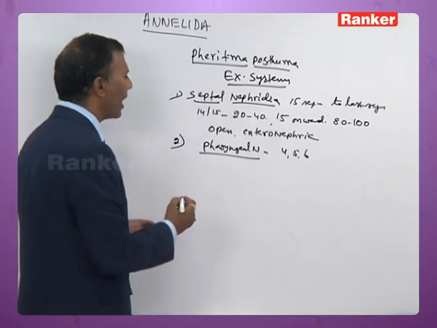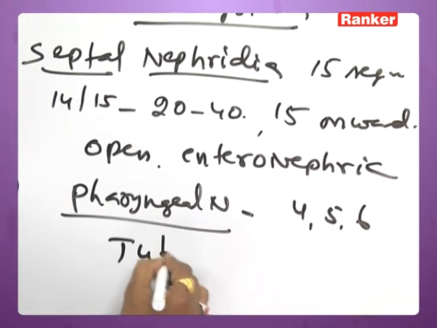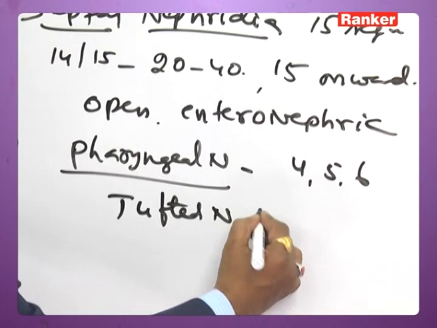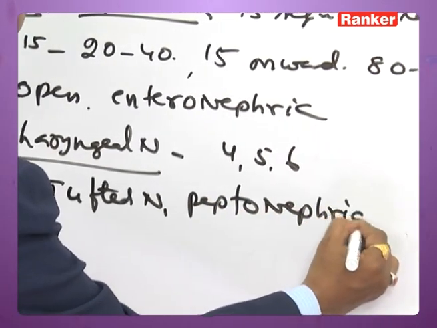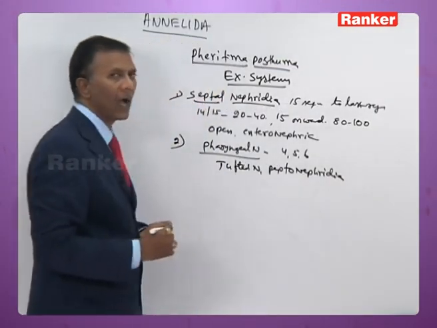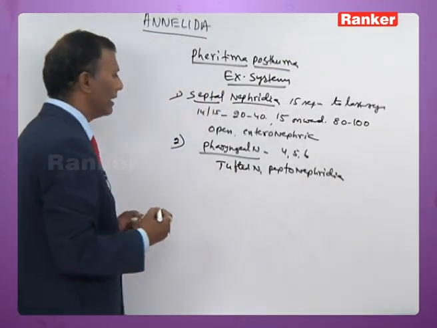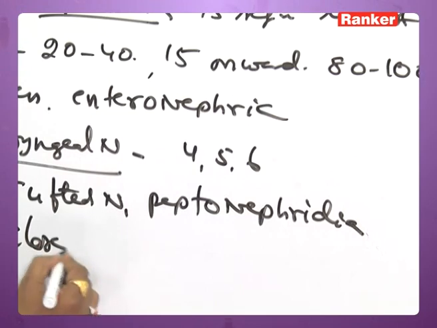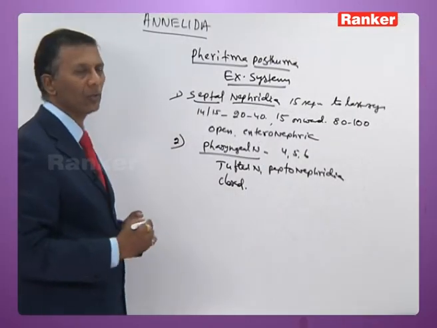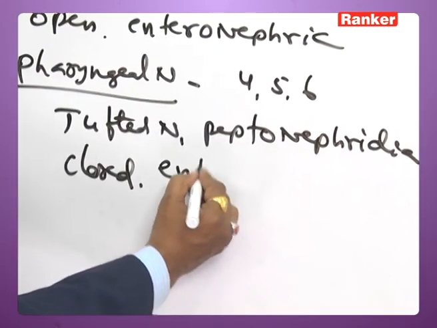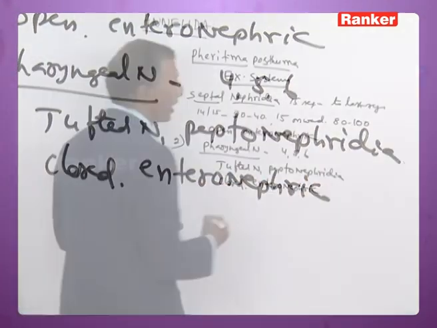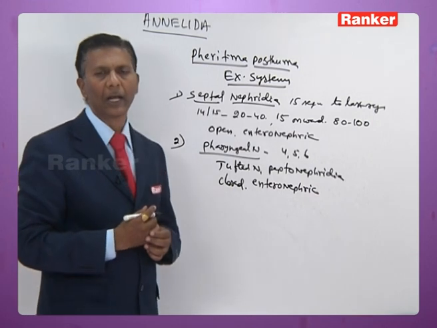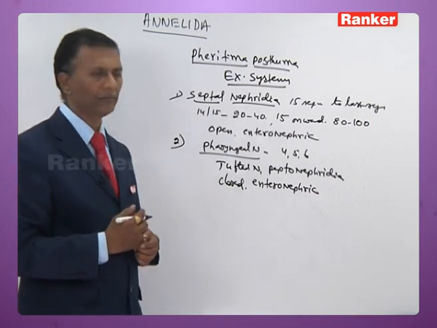The pharyngeal nephridia are also called tufted nephridia, or peptonephridia. They are closed, without a nephrostome, and they are enteronephric. They also open into the alimentary canal like septal nephridia.